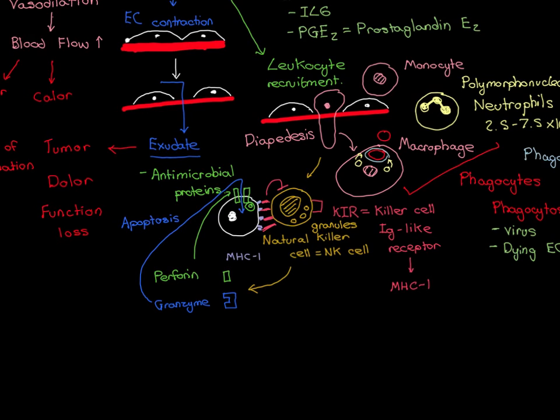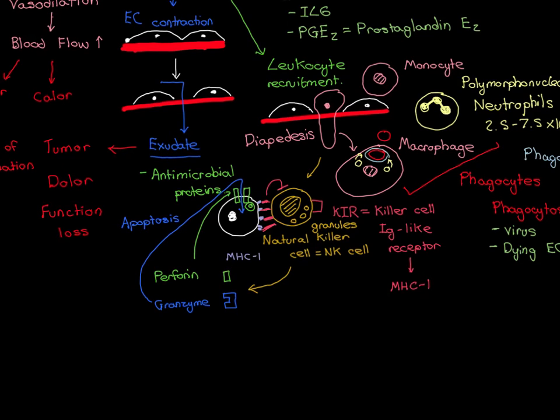So NK cells aren't just about killing virally infected cells, we don't think. They may well have a role in killing cancer cells as well. They go around looking for cells that are misbehaving with too low MHC class 1 molecules on their surface.